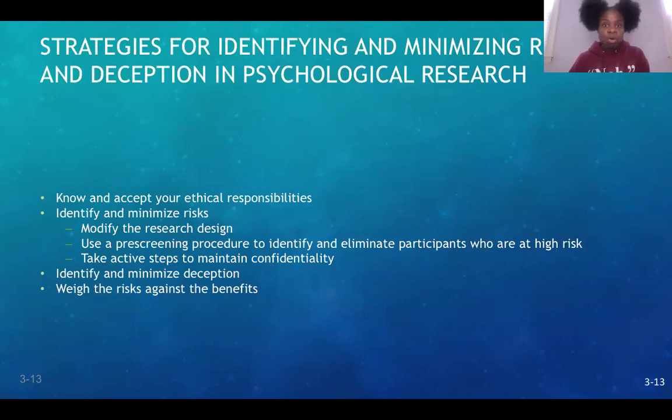So we need to know the histories of ethics, the histories of ethics in psychology, etc. At minimum, this means reading and understanding the relevant standards of the APA Ethics Code, distinguishing minimal risk from at-risk research, so knowing the difference between not just those two, but the 3 levels of research, and knowing the specific policies and procedures of one's institution, including how to prepare and submit a research protocol for IRB approval.